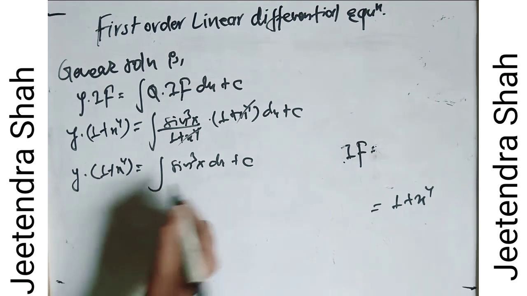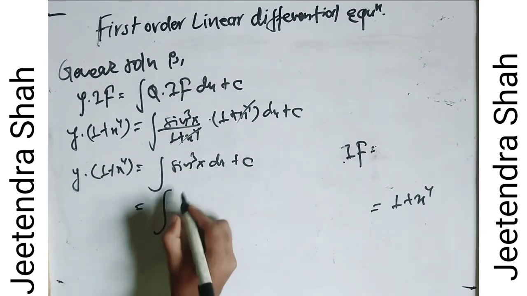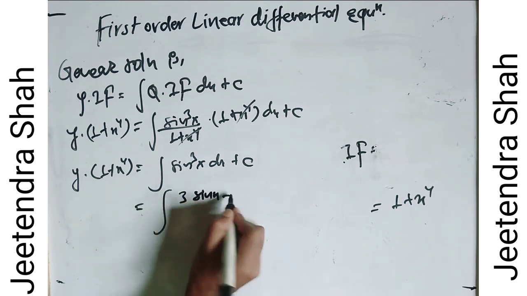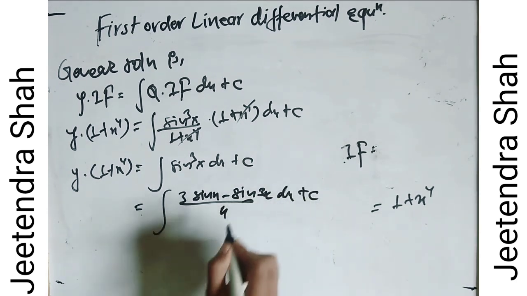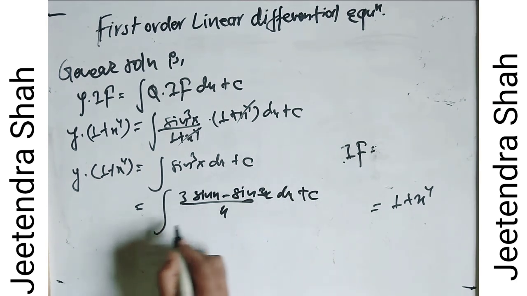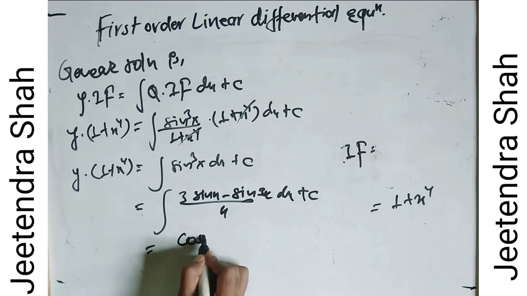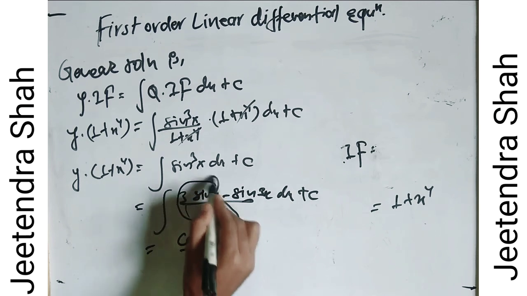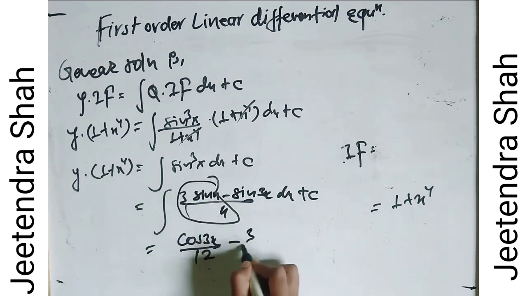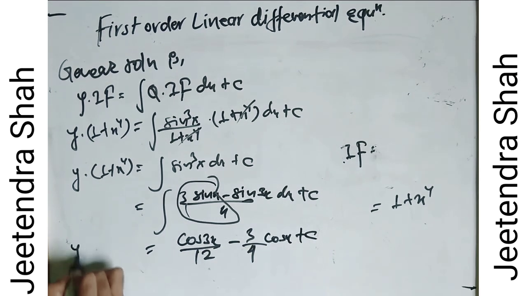So first of all we have to put this in a formula: sin^3 x equals (3 sin x minus sin 3x)/4. So we integrate (3 sin x minus sin 3x)/4 dx plus c. Integrating these terms, we get cos 3x/12 minus 3/4 cos x plus c, and on the left we have y(1 + x^4).